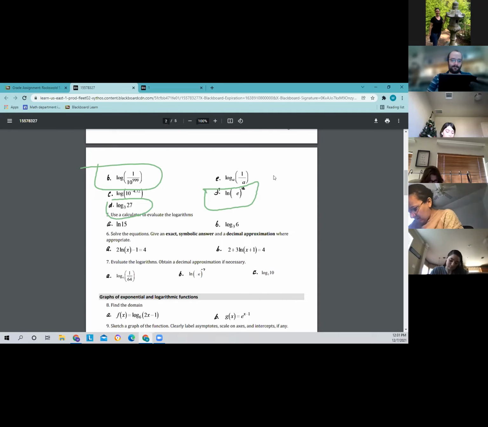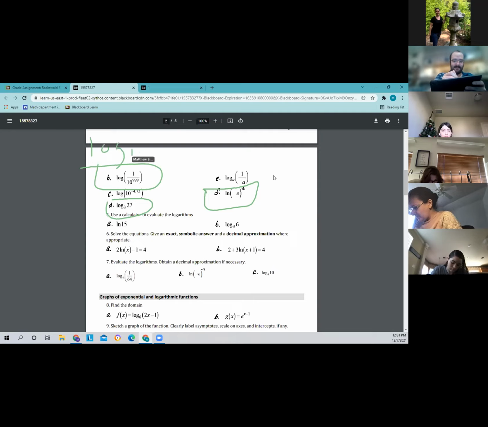Okay. So if I see log and I don't see a base on the log, what is the base? It's 10. So if I see log and I see 1 over 10 to the 999, I guess I could rewrite that if you really want me to.